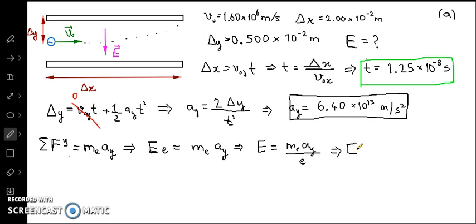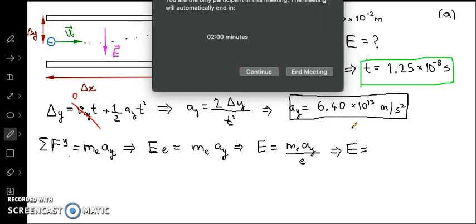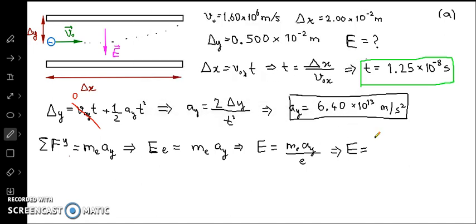And here's the electric field strength that you would get when you plug in the values. What's the unit? Newtons per coulomb. So that is the answer to part A.